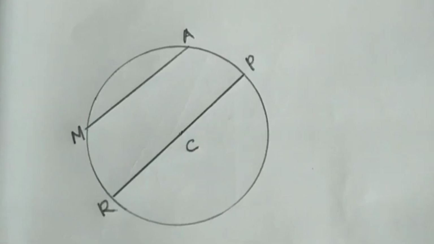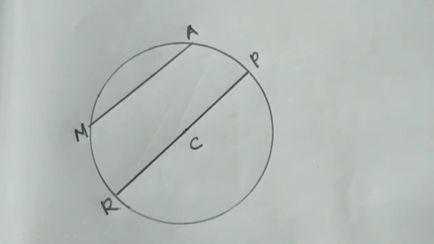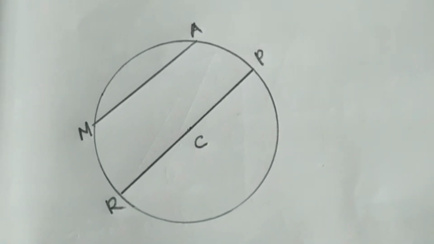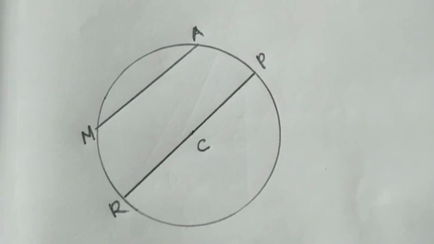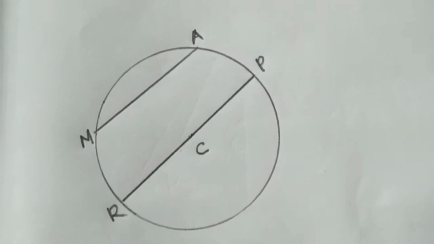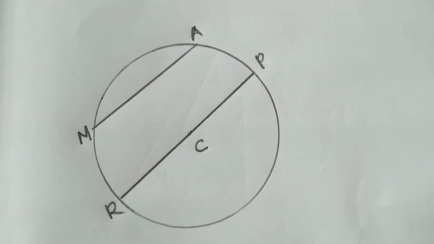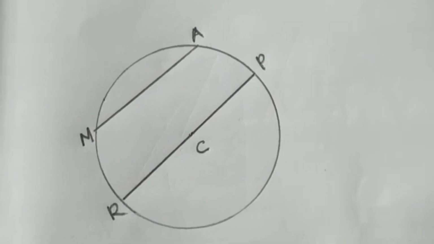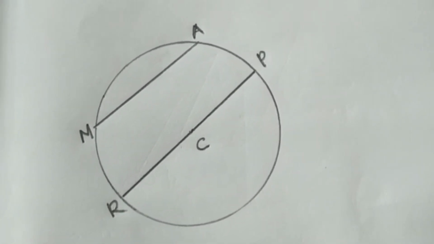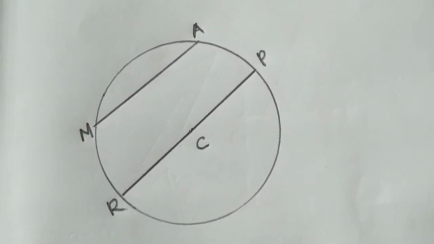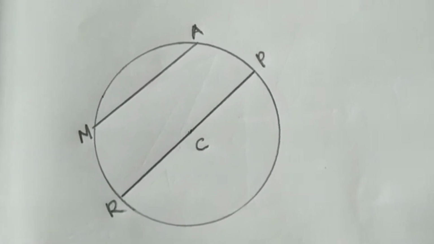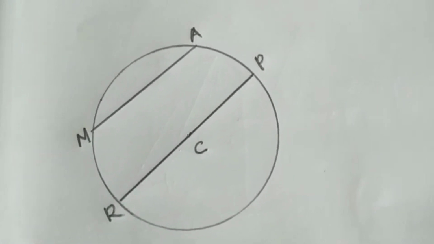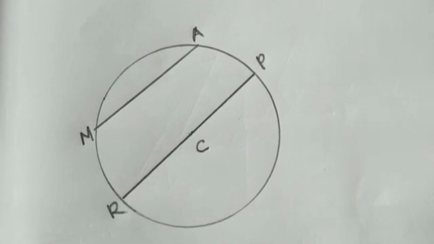Understood? Here I have drawn a line segment AM. The endpoints are on the circle. So this line segment AM is joining 2 points on the circle, and it is called a chord. Chord means a line segment joining 2 points on the circle.